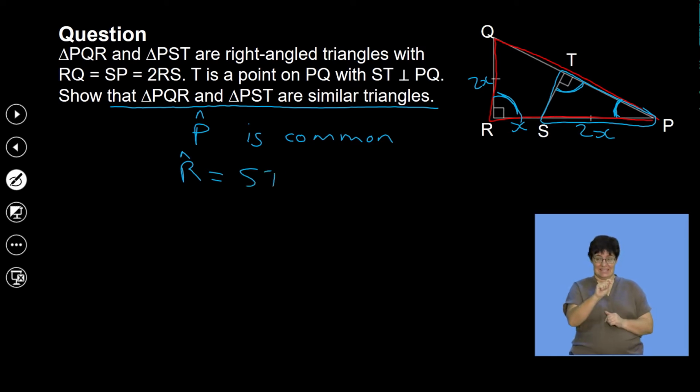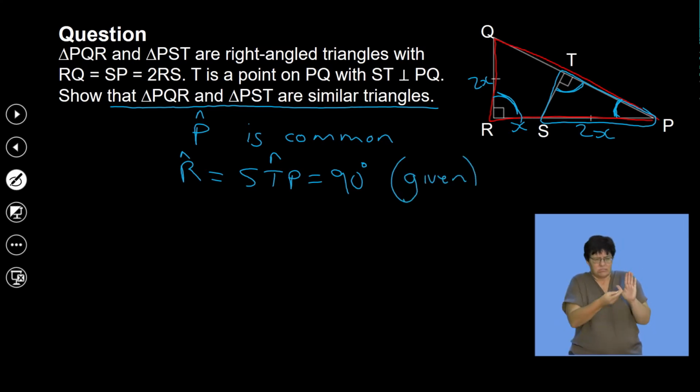And I will say angle STP equals 90 degrees, and this will be given. They gave you this. You do state, even if I gave it to you in the statement, that I am saying this because I was given this information in the statement. You don't just state it and then think, no, because I gave you, then I will see it from there.